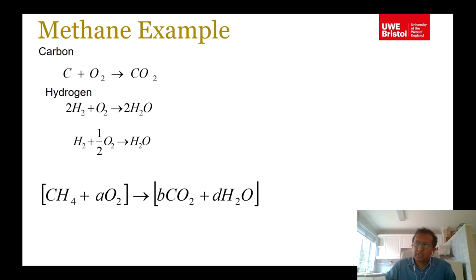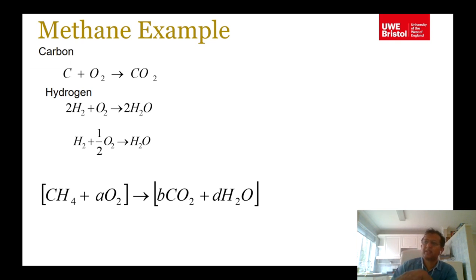So then you can write the balanced chemical equation for CH4. So we'll say CH4 will react with A number of O2 molecules, and it will produce B number of CO2 molecules plus D number of H2O molecules.